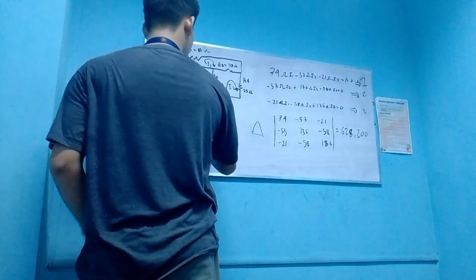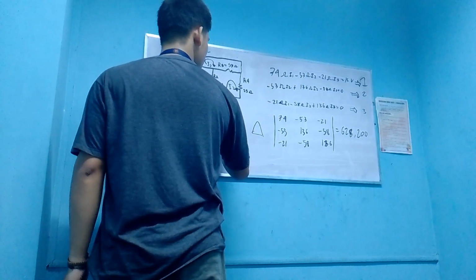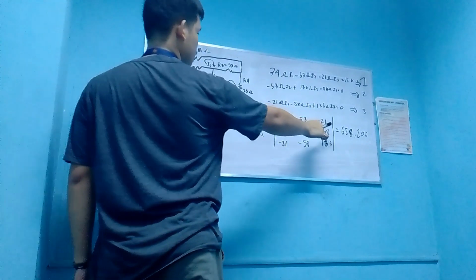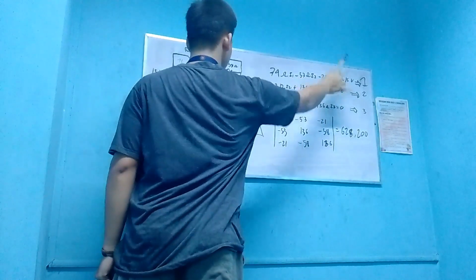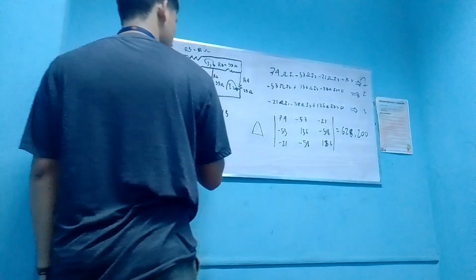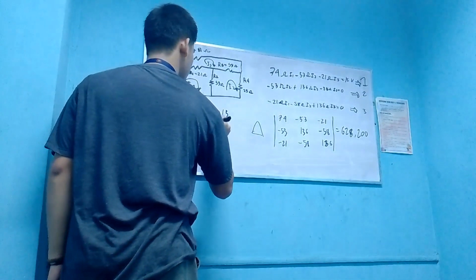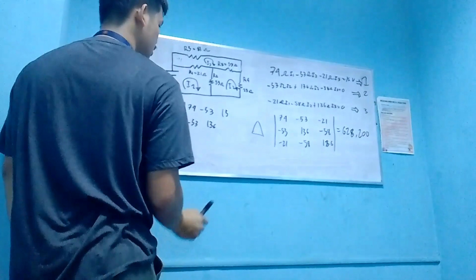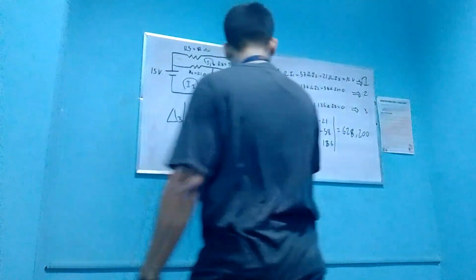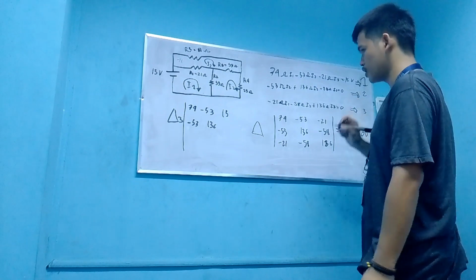So 74, negative 53, and the negative 21 will be changed into 15, and negative 53, 136, and negative 58 will be changed into 0.